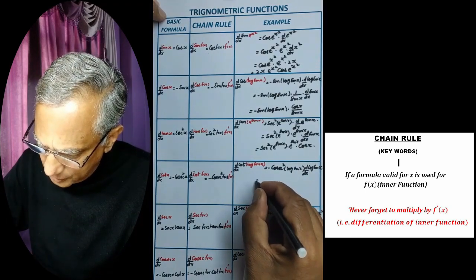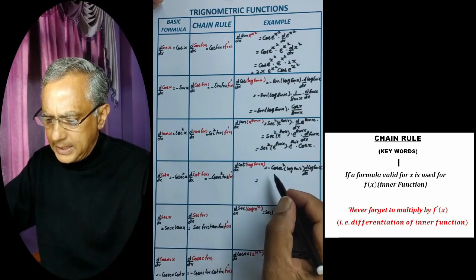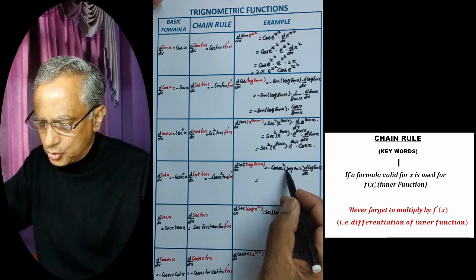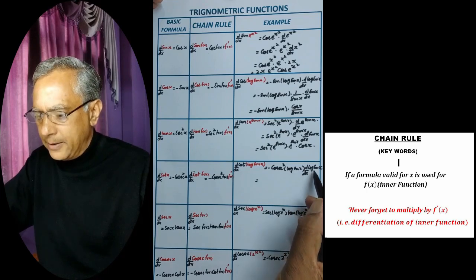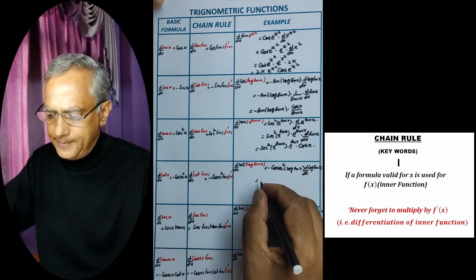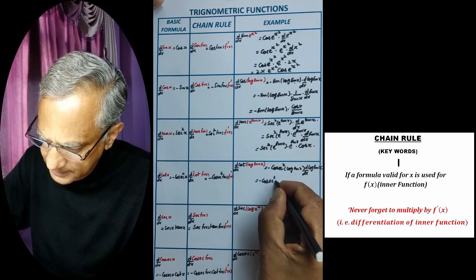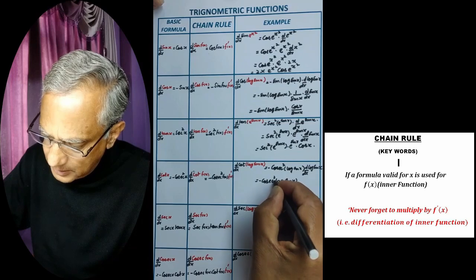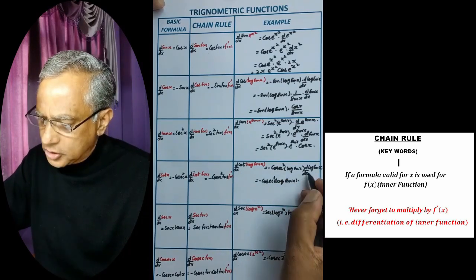And here this is equal to d by dx of cotangent log sin x is minus, d by dx of cotangent is minus cosecant square. So instead of x we have log sin x. So we are multiplying by differentiation of log sin x. So this will be equal to minus cosecant square log sin x into d by dx of log sin x.